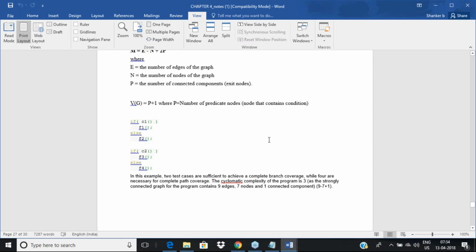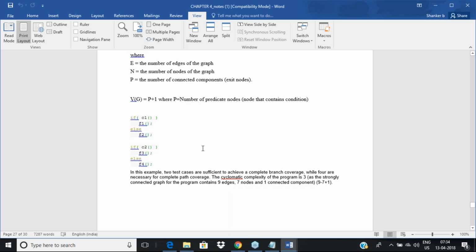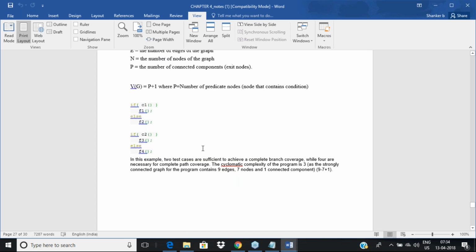In our case we had two conditions, if condition yes or no, so that is 2 plus 1. Just identify the number of conditions, and plus 1 is the cyclomatic complexity. Why plus 1? Because the linear statements count as 1, and the conditions are 2, so 2 plus 1 is the cyclomatic complexity. Like that, if you have more and more conditions, you have to identify them.